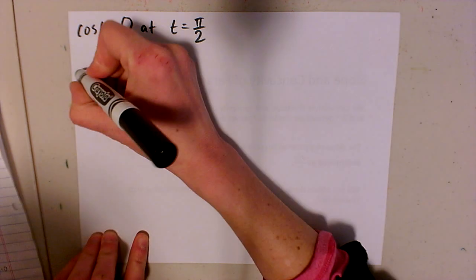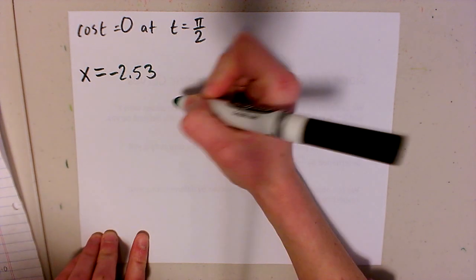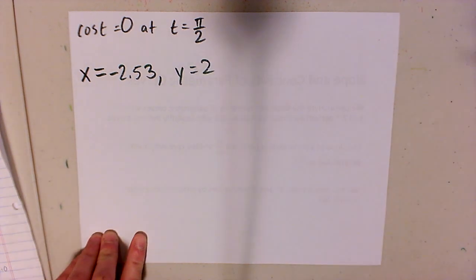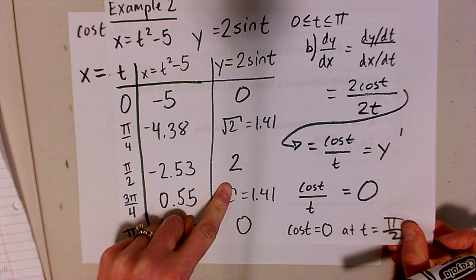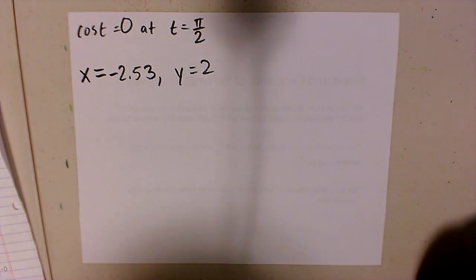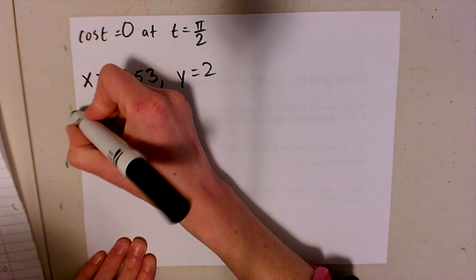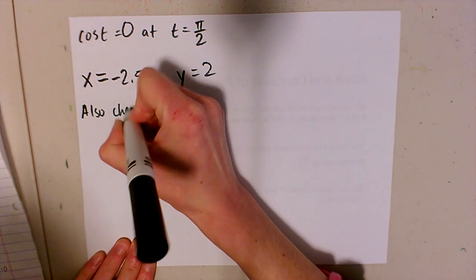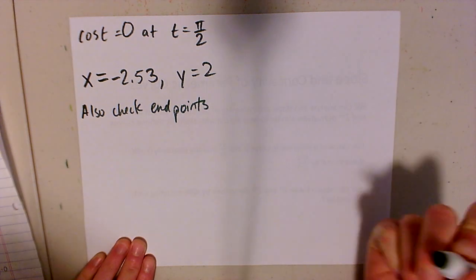When t is pi over 2, if we look back at the chart we figured out, our points of data: x is negative 2.53 and y is 2. I'm pulling those numbers just from this chart right here. Remember, whenever we're trying to find a max or a min, we also want to check our endpoints.